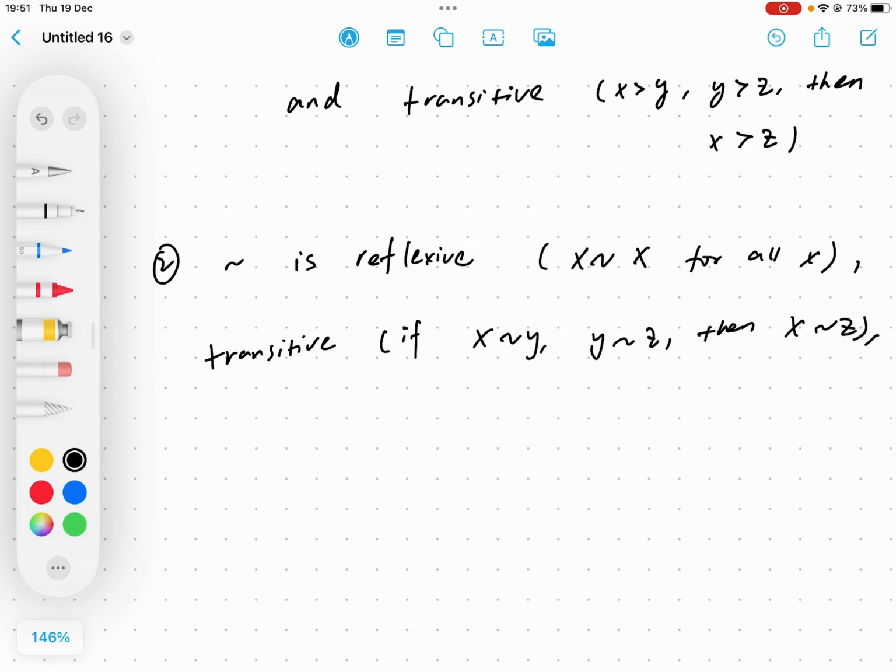And it's symmetric: if x is indifferent to y, then y is indifferent to x, so we can change the order. That'll be the second result.